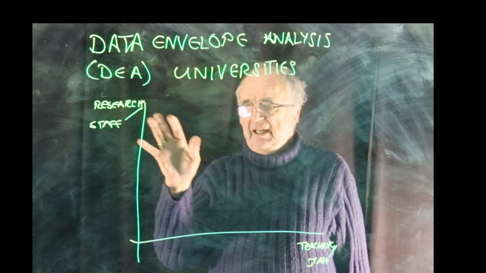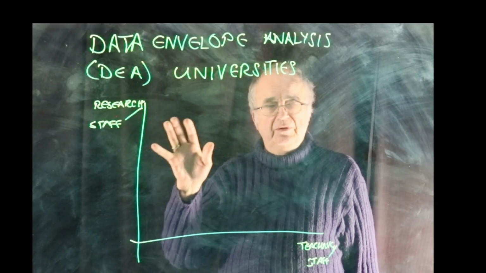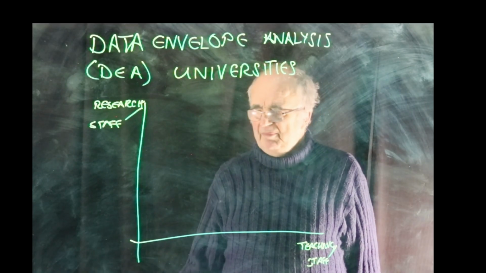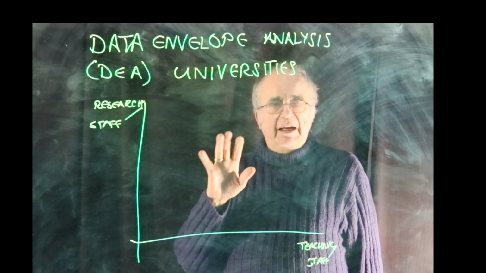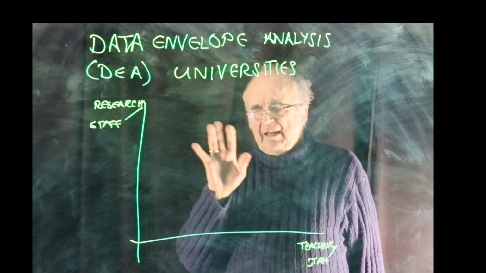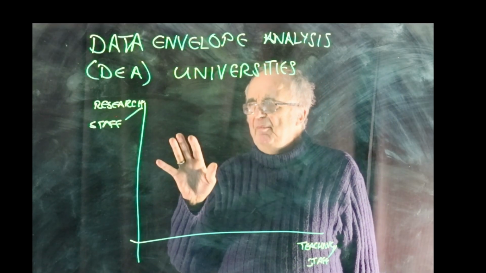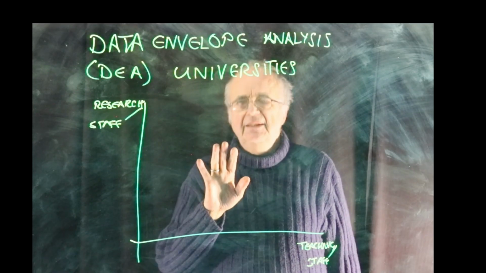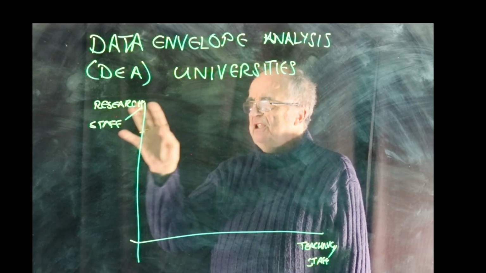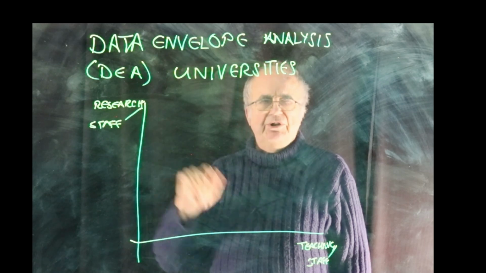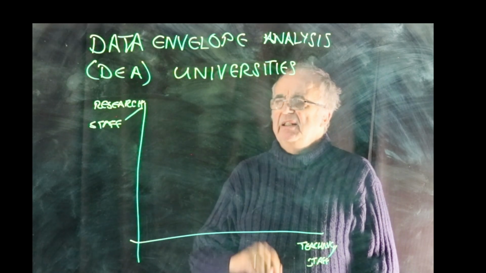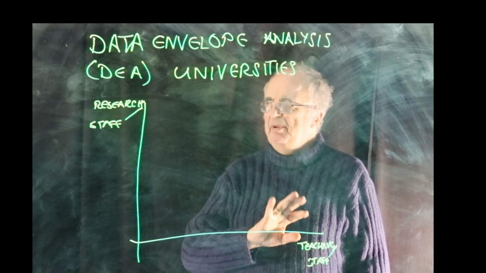Rank can range from the number of Nobel Prize winners who've graduated from the university through to the number of library books or the amount of money spent on resources. So there can be any number of measures of input and numbers of output. And I simply took the staff as an input and the research quality as an output, and simply staff as an input and teaching quality as an output.